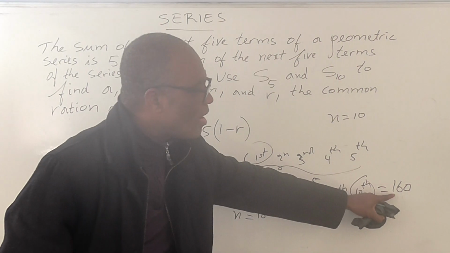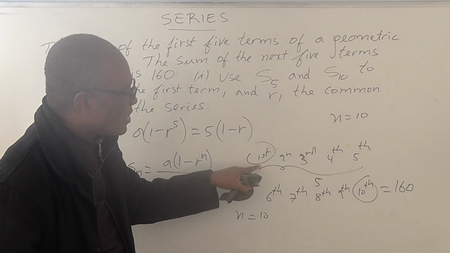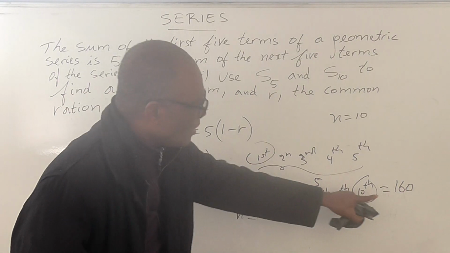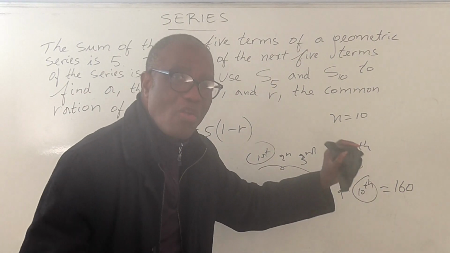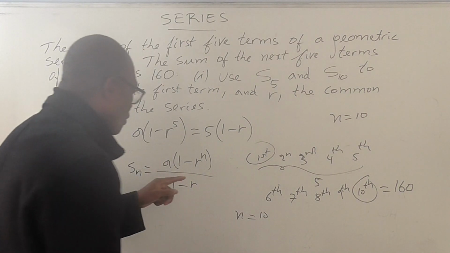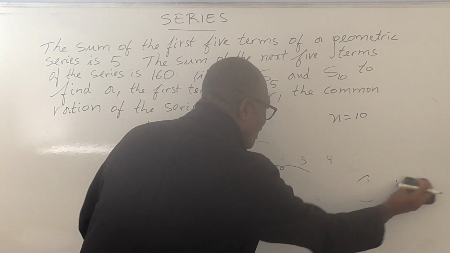The sum will be 165. That means the 5 that we got for the first 5, and then the next 5 was 160. If we put them together, we get 165. So we write here the sum is 165.